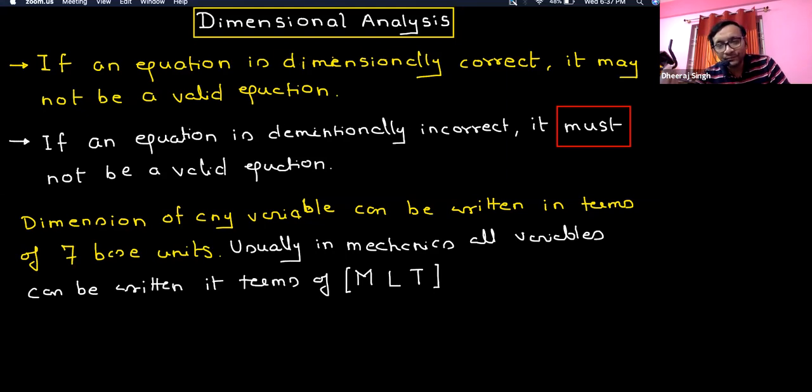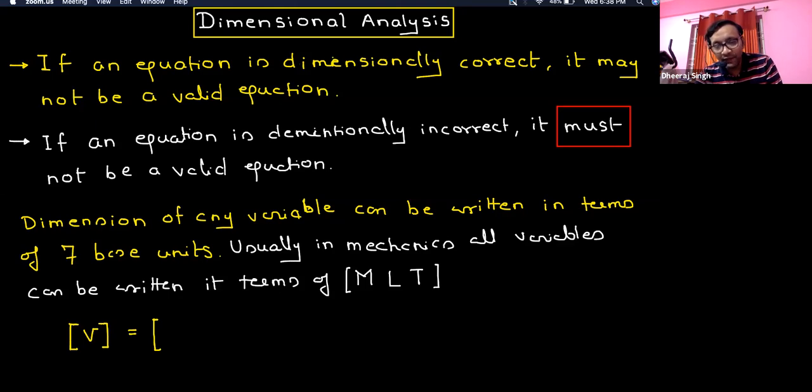It's very simple. If you have to write the dimension of any variable, you need to use a square bracket. Square bracket means I am saying the dimension of this variable. So I'm writing the dimension of velocity. I know it is length divided by time, meter per second.